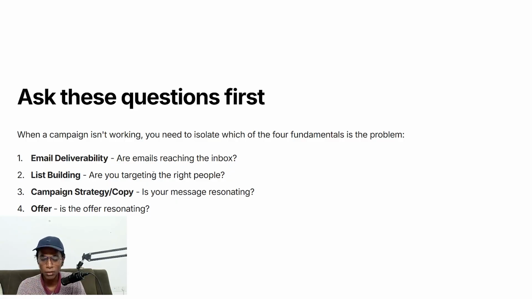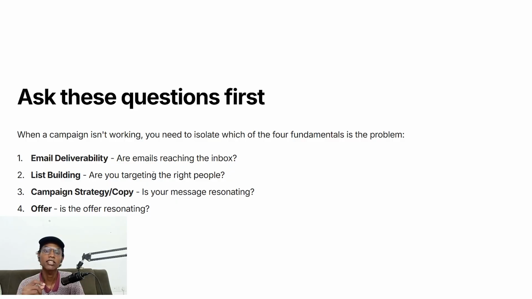Now, email deliverability. Are emails actually reaching the inbox? That's first, right? Ask yourself that first. Number two, are you targeting the right people? Is the list sound? Ask that next. That's number two, like I showed here. Number three is your message resonating?